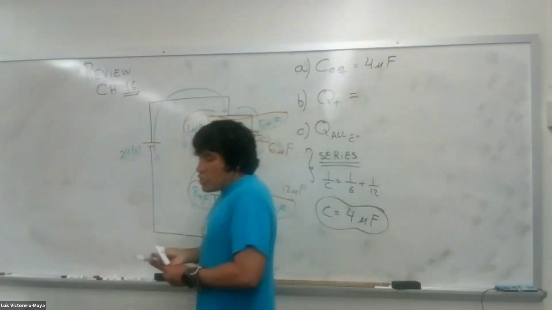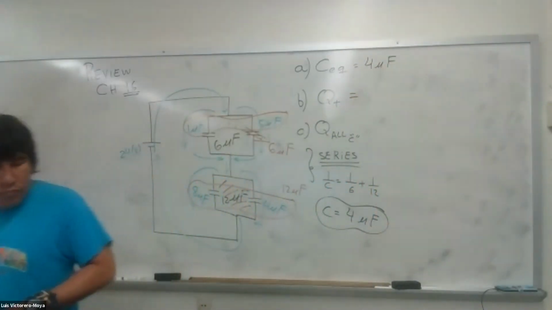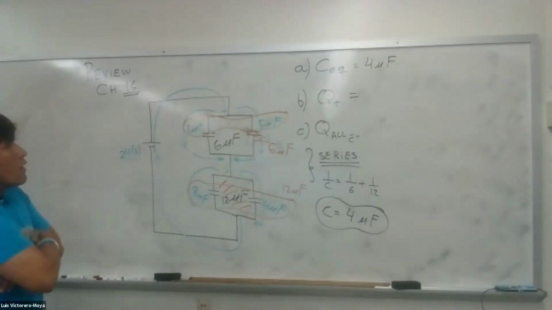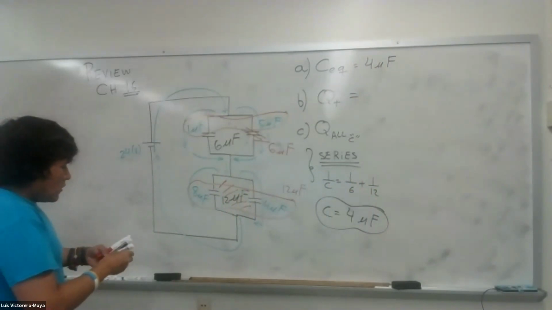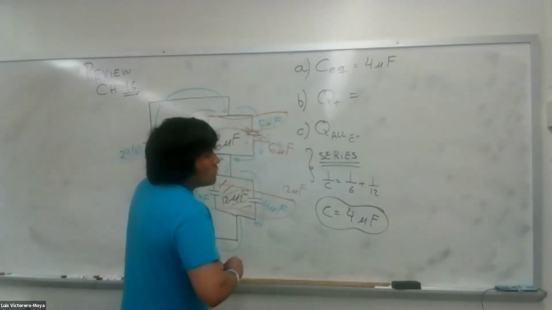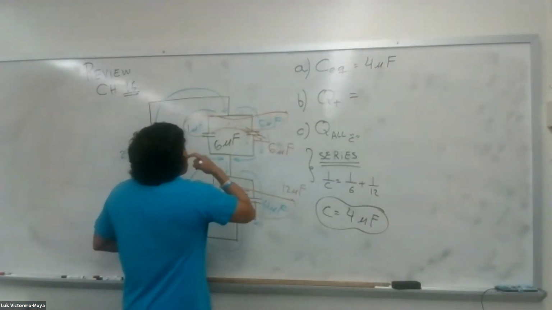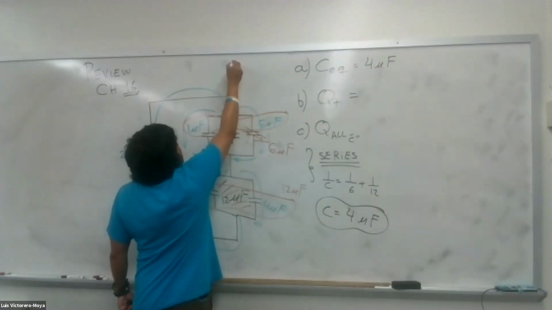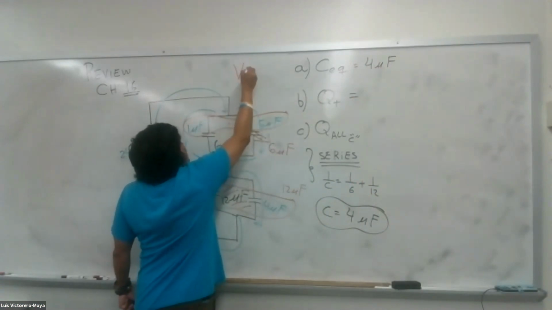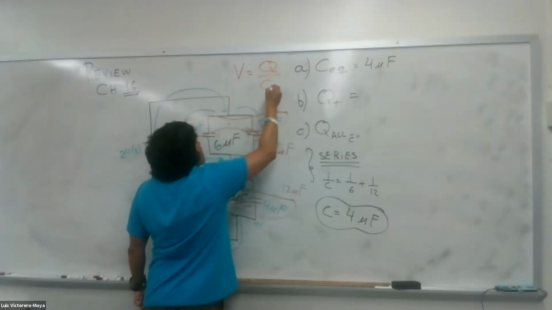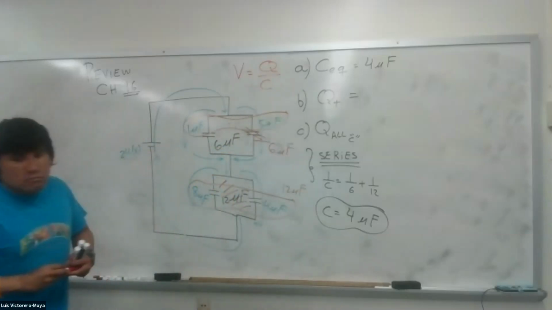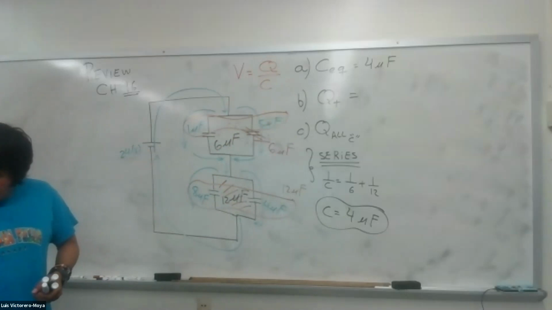How much is the charge? If the equivalent capacitance is 4, the other thing that you should always write down is the equation for capacitors. Voltage equals Q over C. That's what you should write.